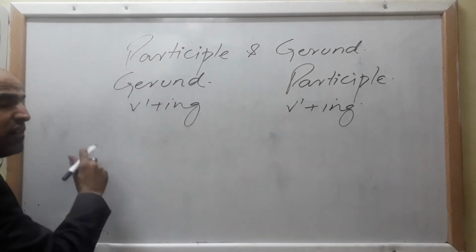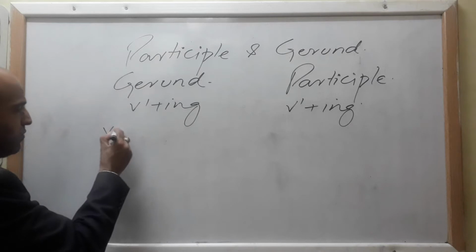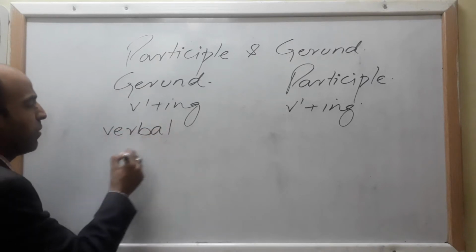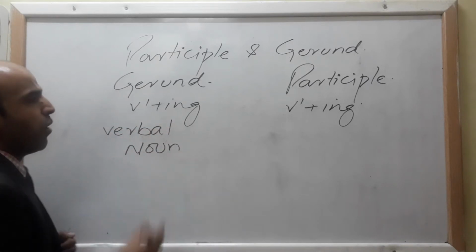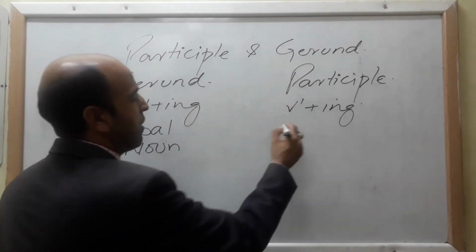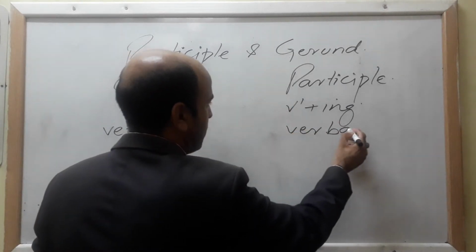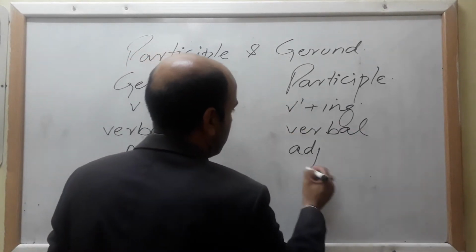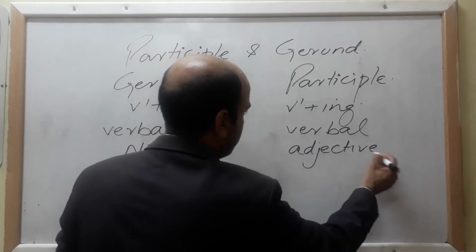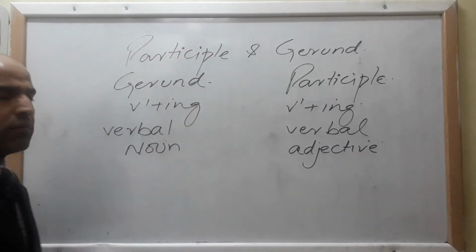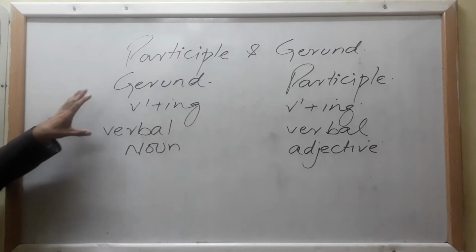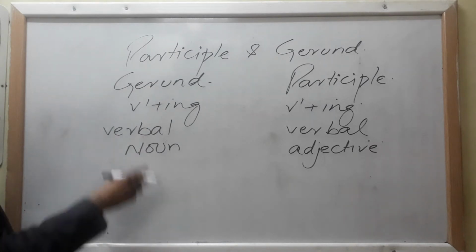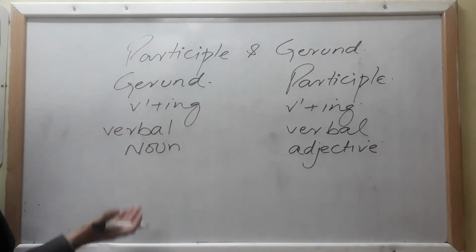But gerund is called a verbal noun. VERBAL, verbal noun. When we talk about participle, that is called a verbal adjective. What does it mean? If we talk about gerund, verbal noun, it looks like a verb. Sleeping, so raha hai. Clear?